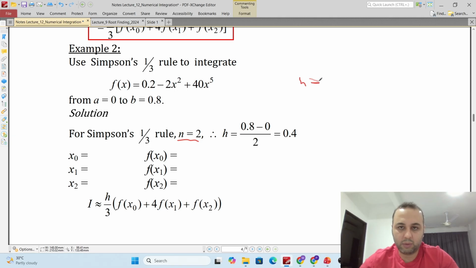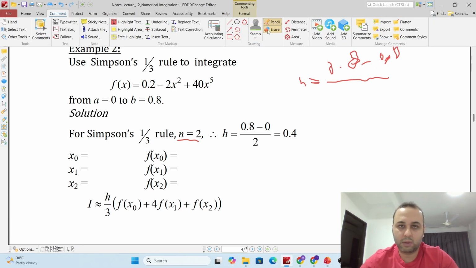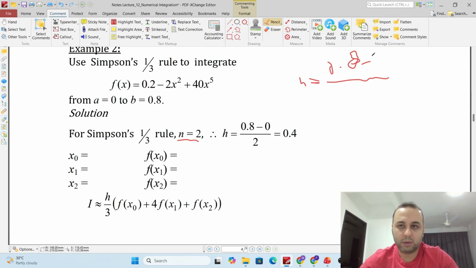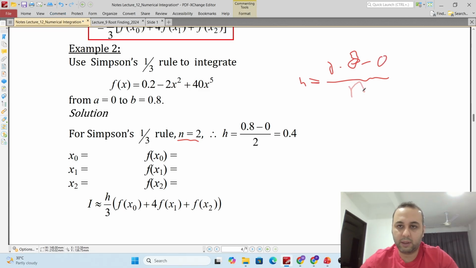Like this, h equal to the end of the interval minus the beginning of the interval, 0.8 minus 0, over n. What is n? The number of the segments. The question asks us, the number of segments is 2, so here we put 2. So the answer will be 0.4. Okay, this h, I'm talking about this h. This is how we calculate h.